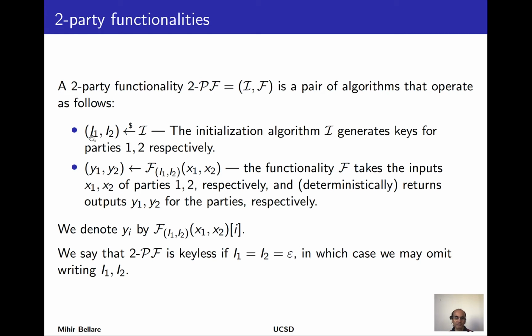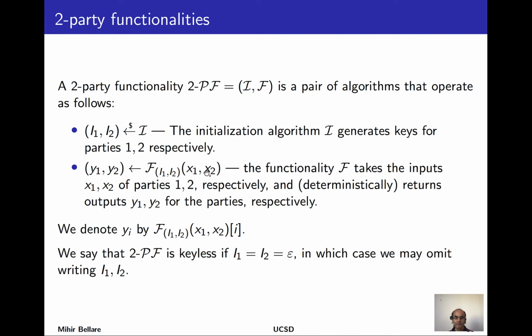There'll be one for the first party and one for the second party. Once these keys are in place, the parties provide inputs, x1 and x2 respectively, and then the functionality tells us what outputs they want to get. So it says party 1 expects to obtain this, party 2 expects to obtain that. Notice that this is not the protocol. It's telling us what we are shooting to achieve.